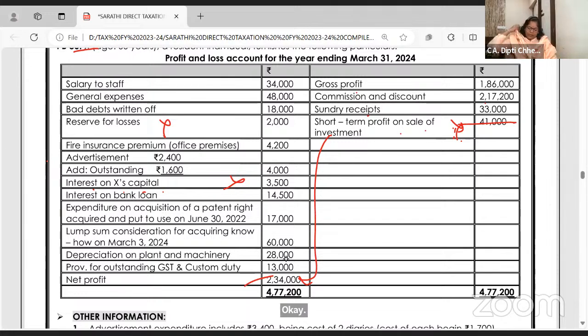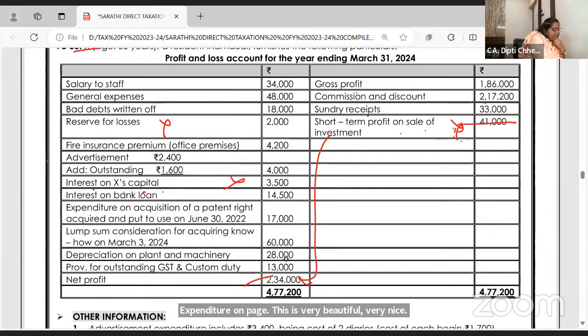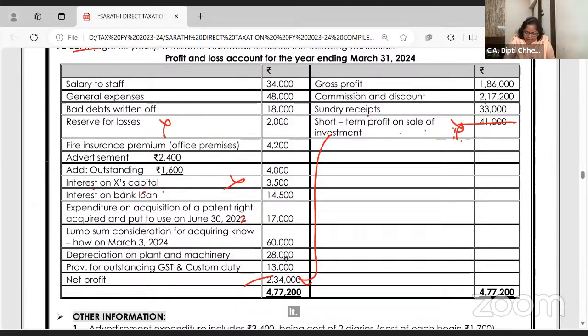Next, we are doing expenditure on patent. This is very beautiful, very nice. You have acquired a patent. You all know patents and formulas are intangible assets.